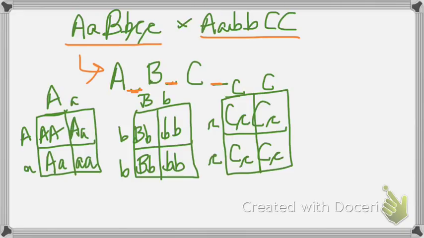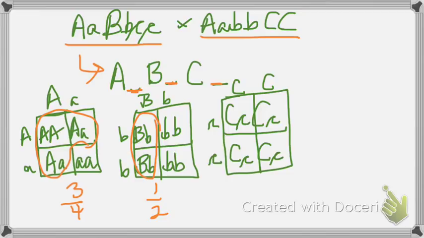Once again, I set up the Punnett squares for the A's separately from the B's and the C's, and now we're going to figure out the probability of this combined event. The chance of getting big A something is 3 out of 4, since 3 of the 4 boxes have the dominant trait. For the B's, I'm going to use the reduced form of the fraction to make the math easier, so it's a half of the boxes. You could do 2 out of 4, but then you get more math.